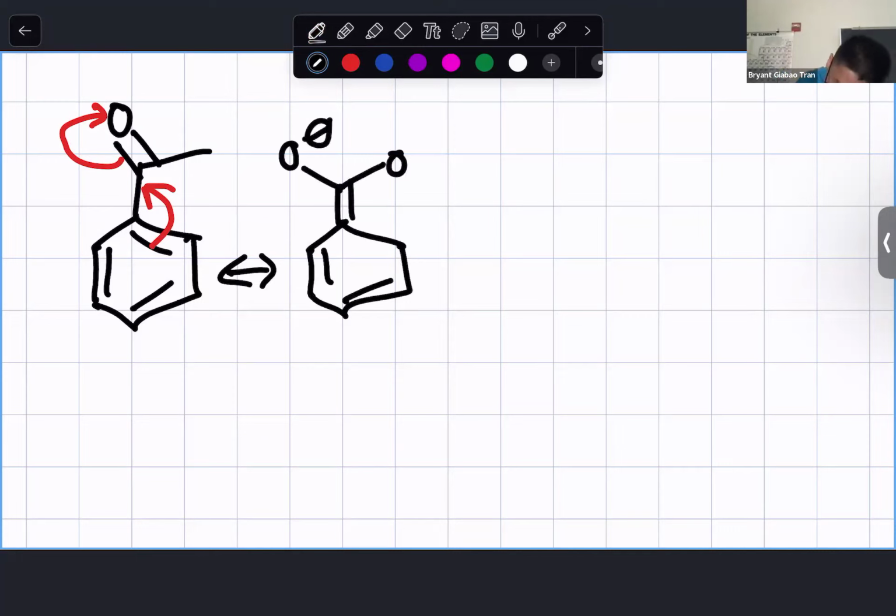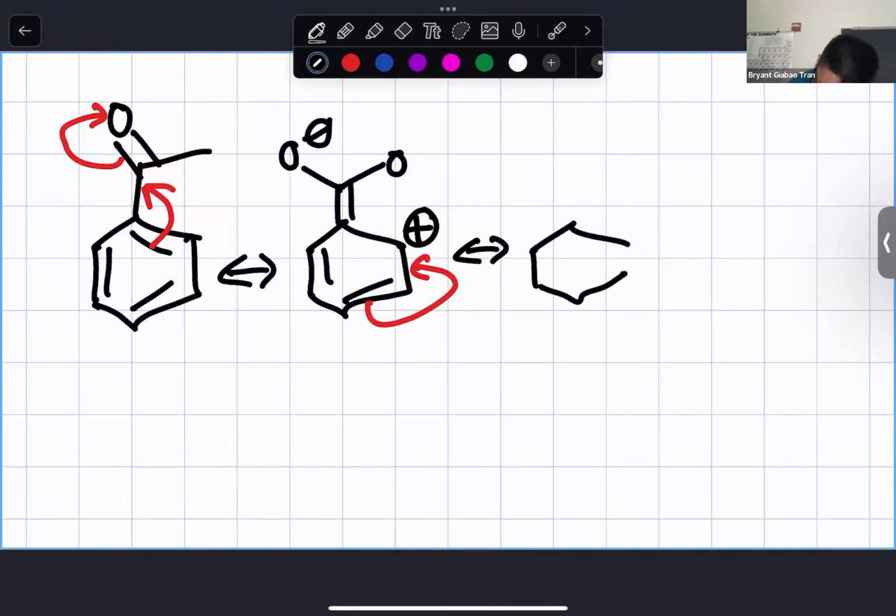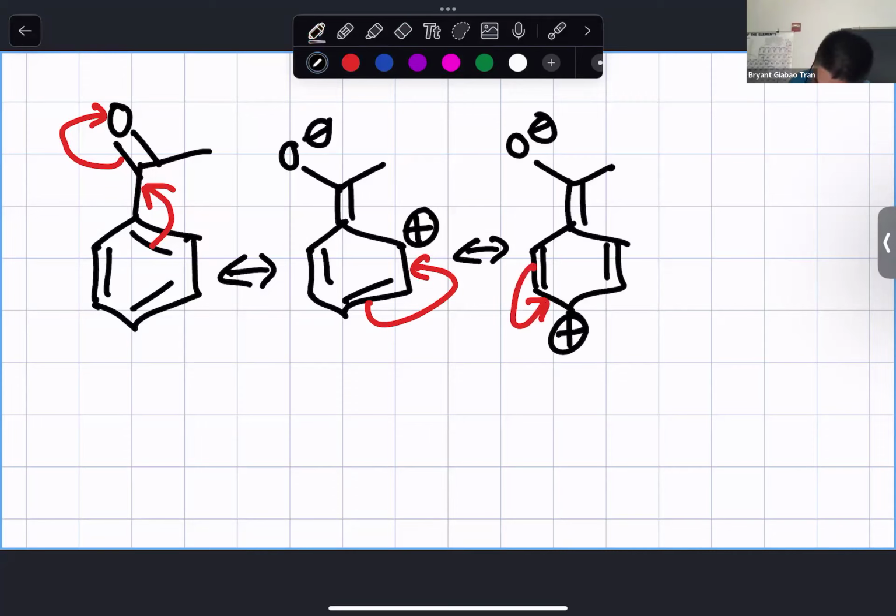This carbon here lost the bond, so that carbon will have a positive charge. We could do more resonance. This one over there. And then the last resonance structure is there.